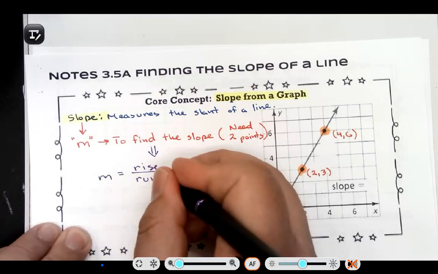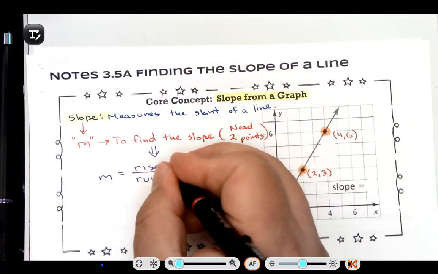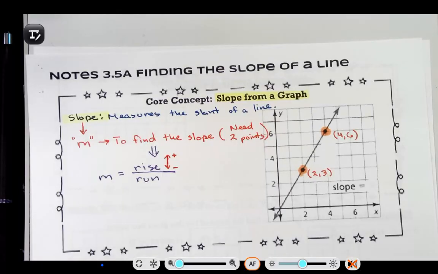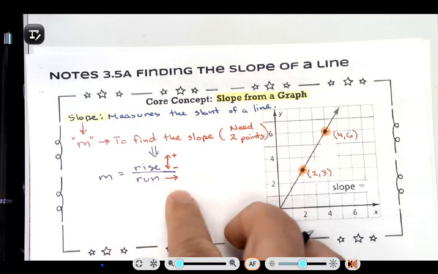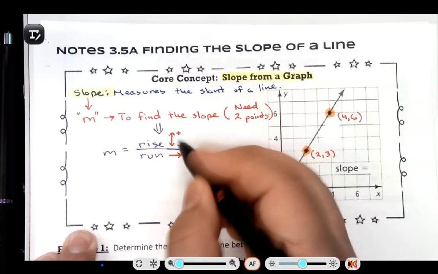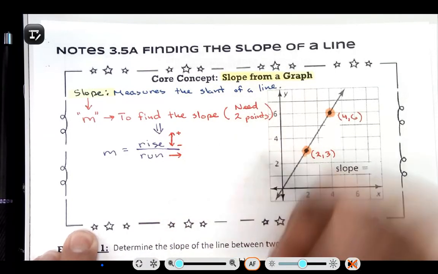When we talk about rise, that means we're either going up, which is positive, or heading down, which is a negative number. And to make things a little bit easier, for my run, we're always going to stick to the right side for now, just to be consistent. So a positive rise means I go up, a negative means we head down.